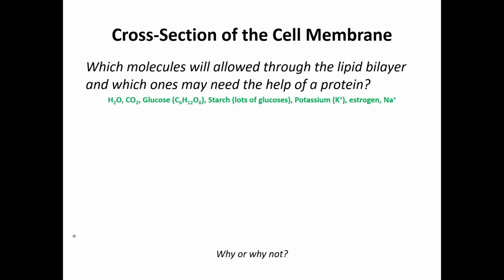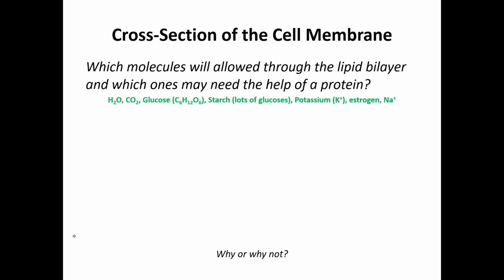And then the next one is the cross section of the cell membrane. Which molecules will be allowed through the lipid bilayer and which ones may need the help of proteins?